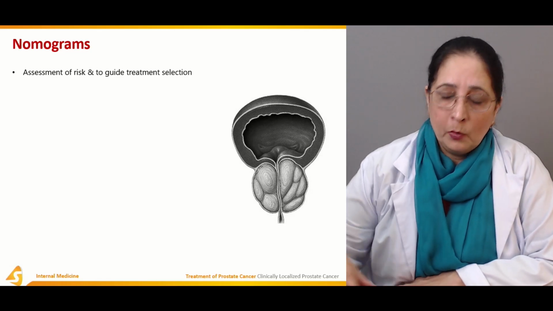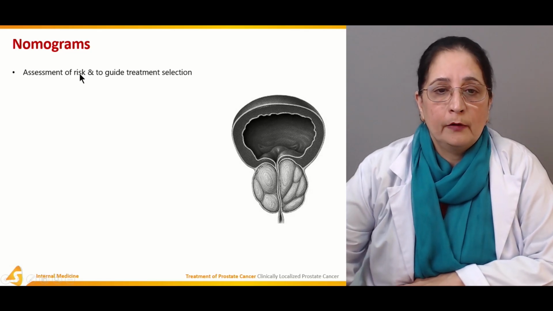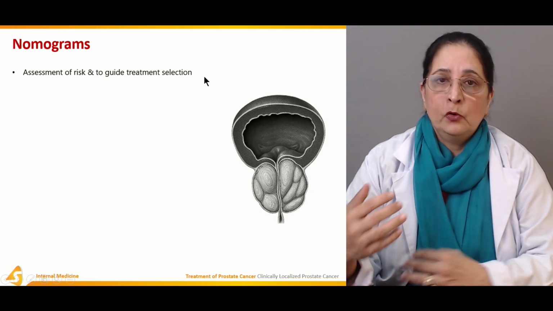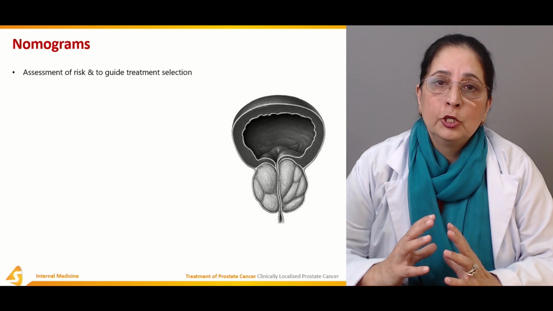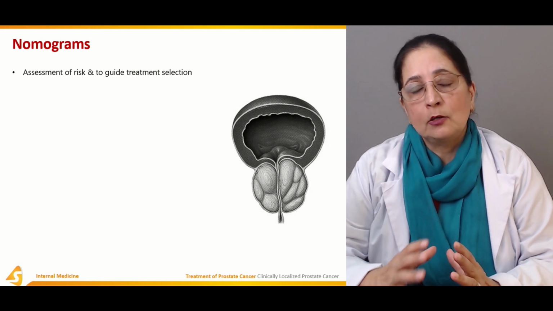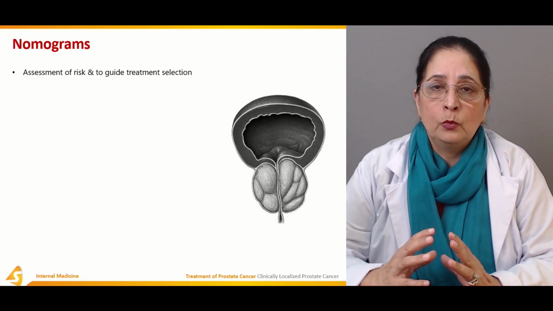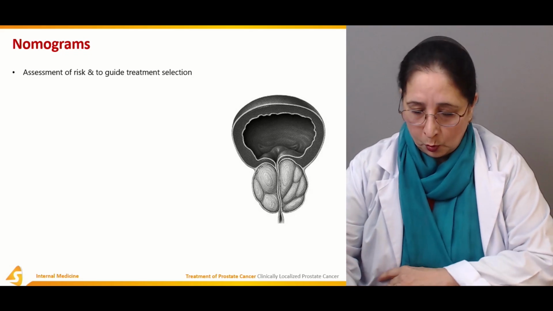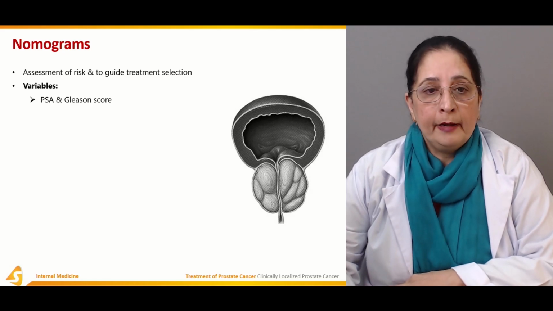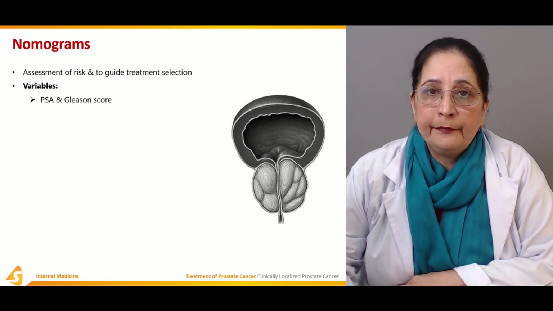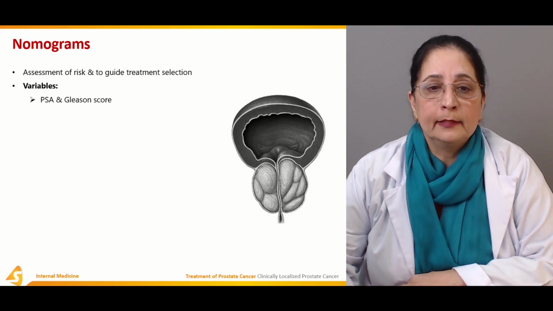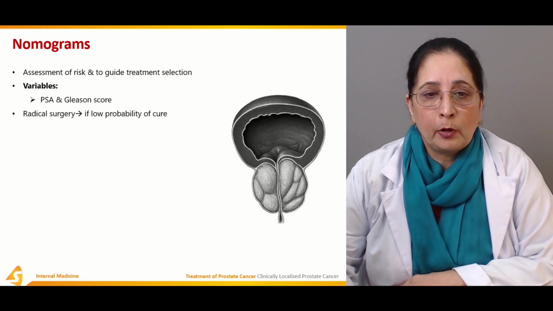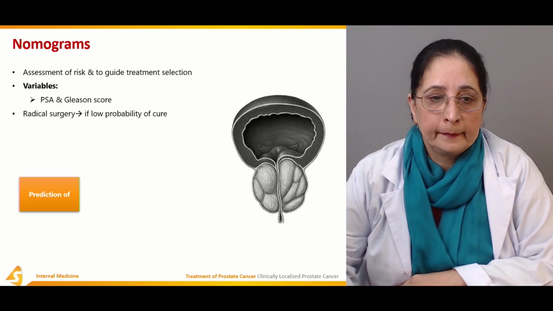Nomograms. Now, nomograms are for assessment of risk and to guide treatment selection. So nomograms are performed to assess the risk of the cancer and to guide what type of treatment is required. Variables are prostate-specific antigen and Gleason score. Radical surgery if low probability of cure.